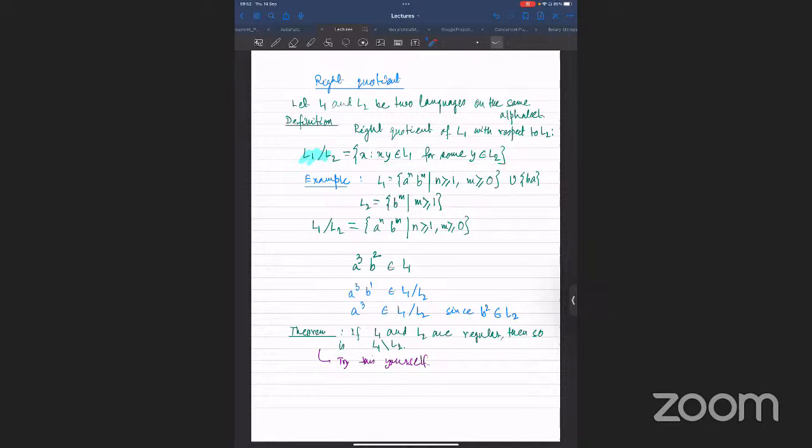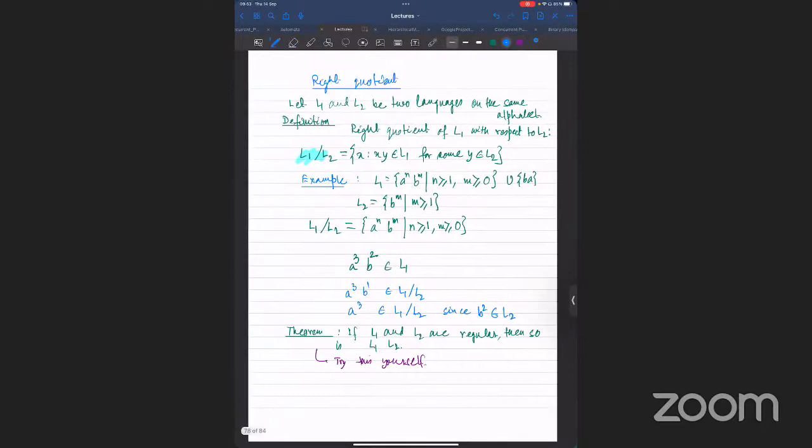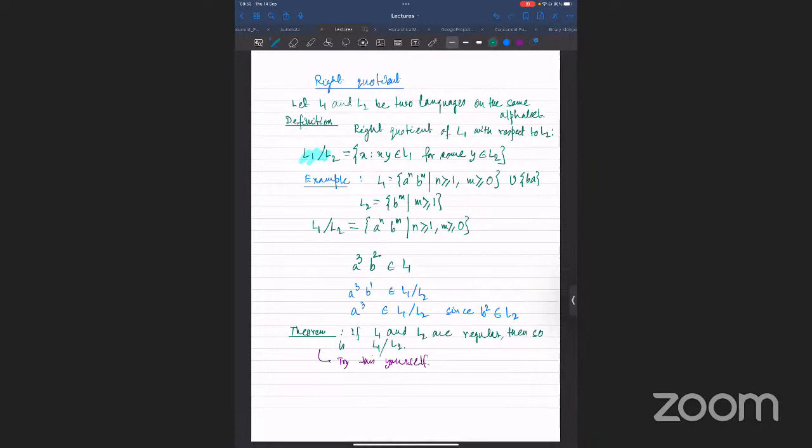Now here is an example. L1 is a^n b^m, n greater than or equal to 1, m greater than or equal to 0, so there can be at least one a, and the number of b's should be 0 or more, union ba. And L2, what is this? There should be one or more b's. Now how are you going to define the right quotient of L1 with respect to L2? It's already written.